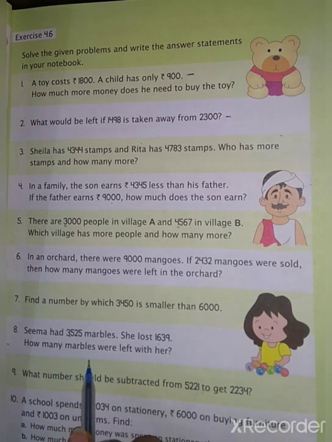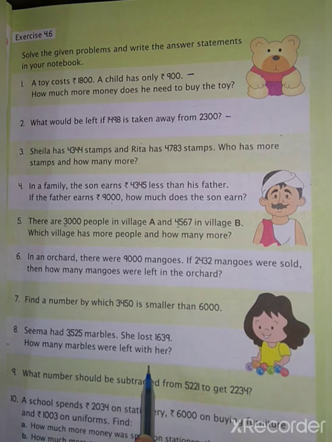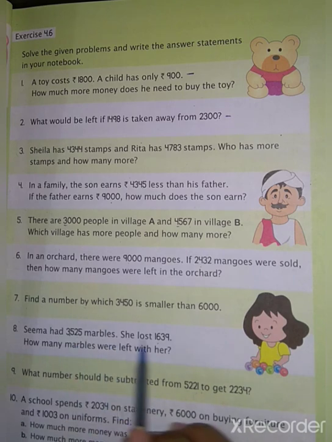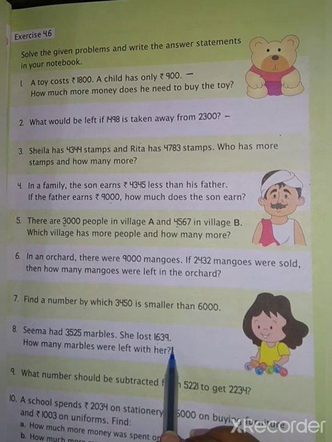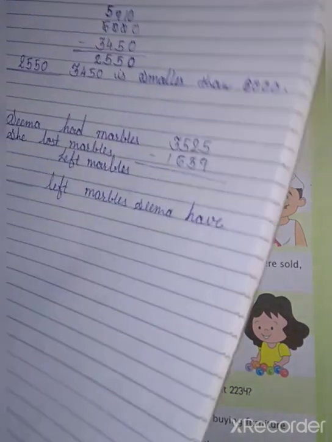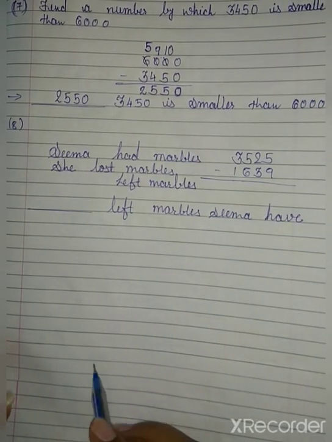So how many marbles were left with her? उसके पास कितने मार्बल्स बचेंगे? So for that we have to subtract 3525 minus 1639. That's why we have to get the left number of marbles.